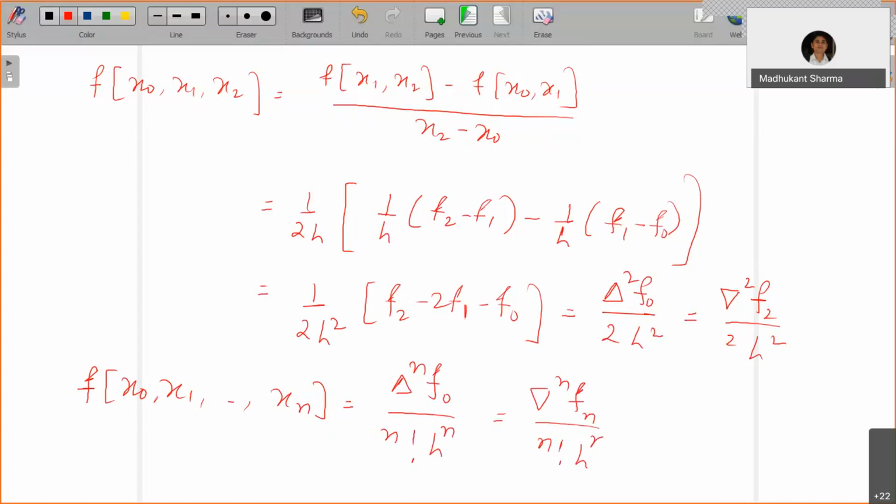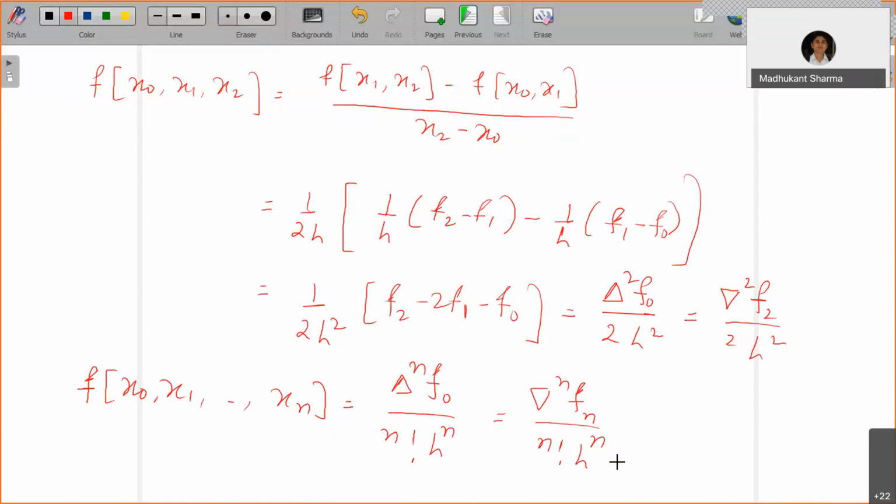So once you know the divided difference table or forward difference table or backward difference table, you can certainly write Newton's forward interpolation formula and backward interpolation formula.